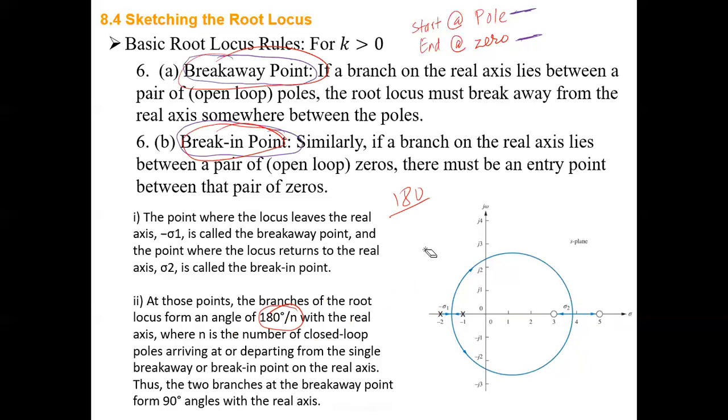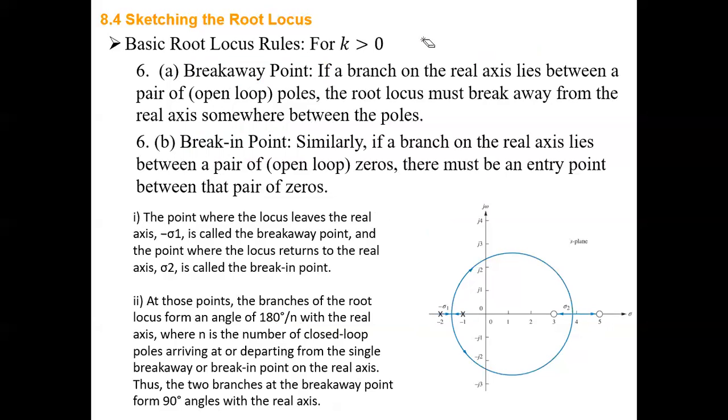That's why you have 2 branches, meaning n is 2, which gives 90 degrees. So whenever you have 2 branches, they always break away or break in at 90 degrees. Does it make sense? Guys, any other question?